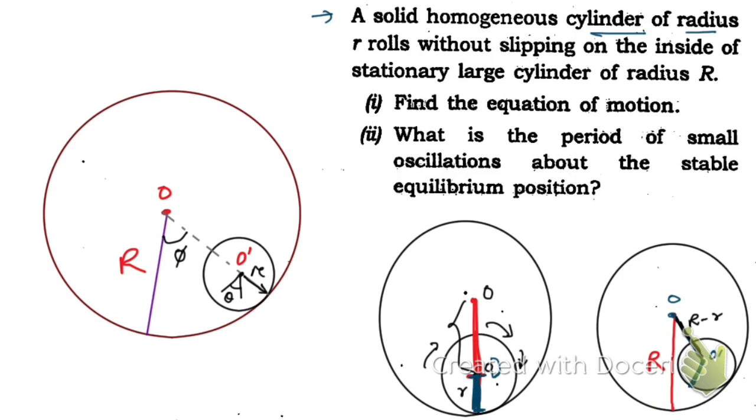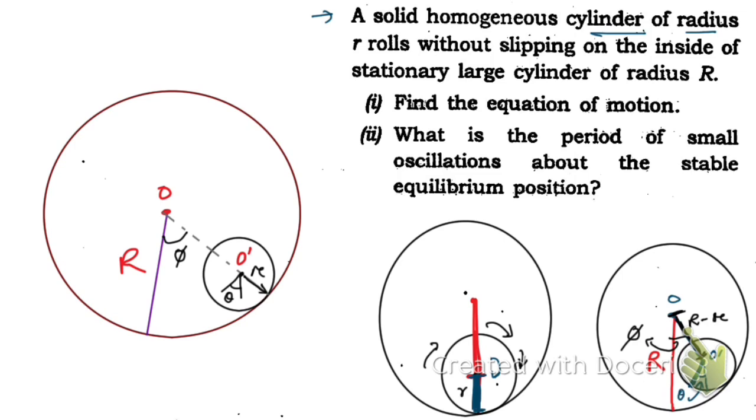So that is equal to capital R minus small r, this part O O prime. It makes an angle phi with the vertical. And this small radius that I have marked here makes an angle theta with the vertical.